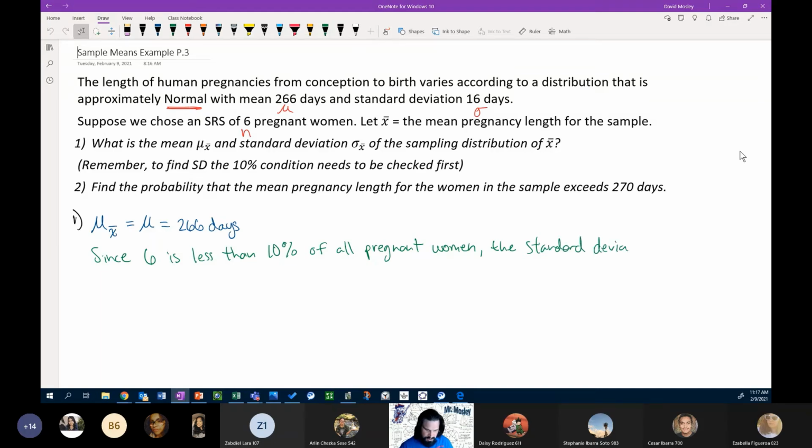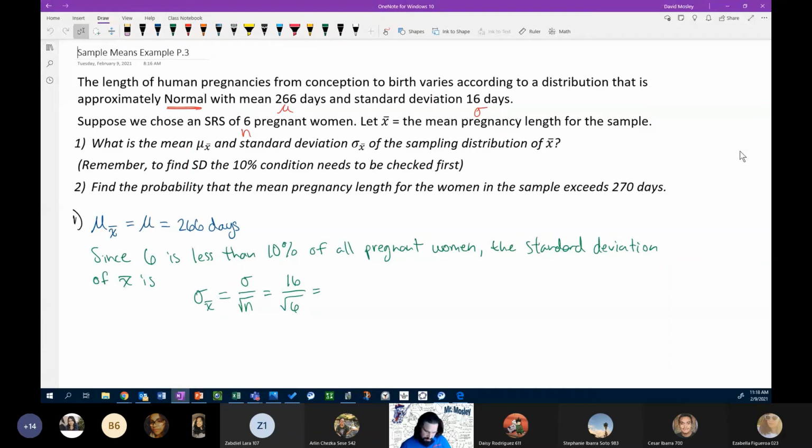So then the standard deviation of x bar is equal to sigma divided by the square root of n, which is 16 over the square root of 6.